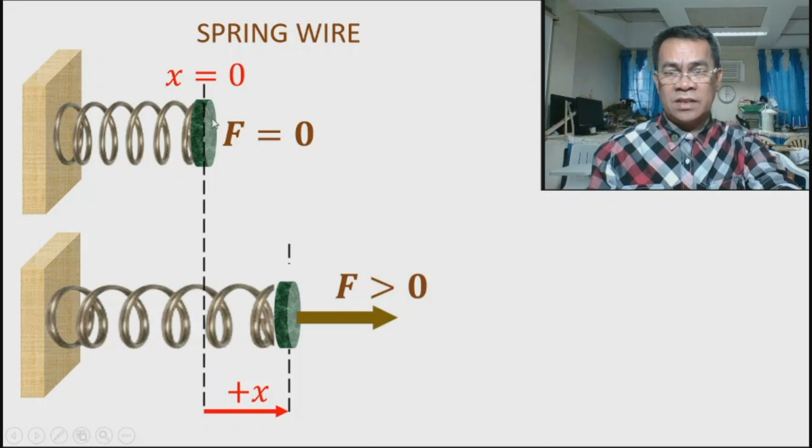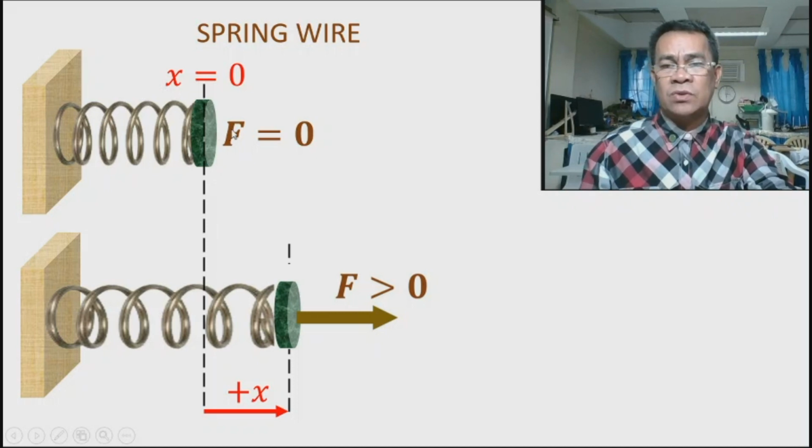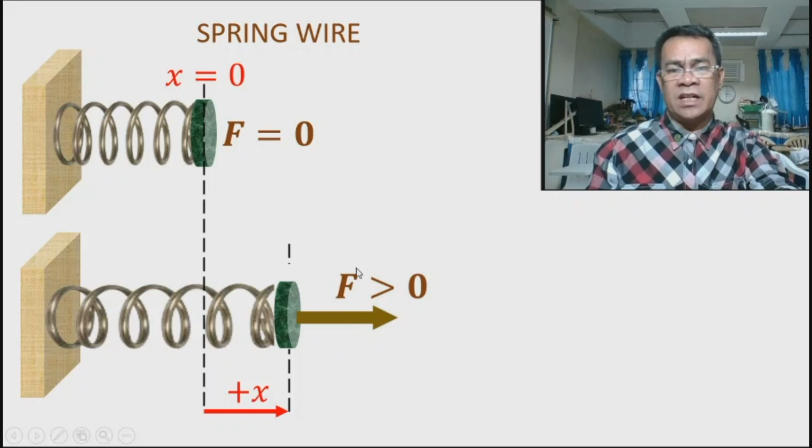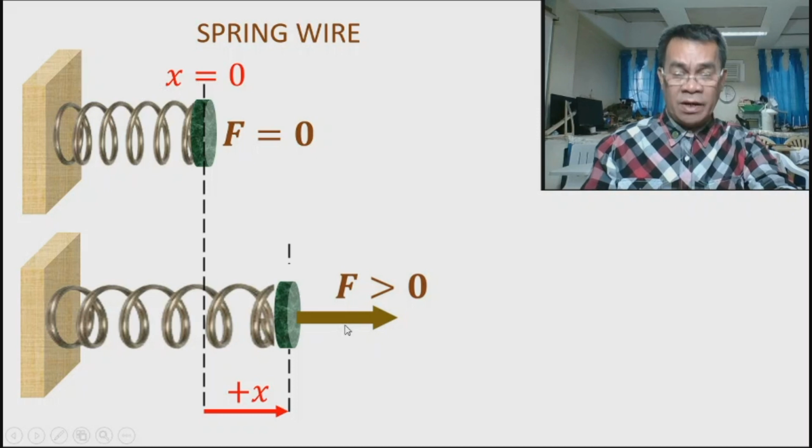Take note, zero means you did not apply anything. If you want to displace the spring, you need a force. If you have a small force, you have a small displacement. In order to have a greater displacement, you need to increase your force, which means that this force, again, is not constant. It varies with displacement.